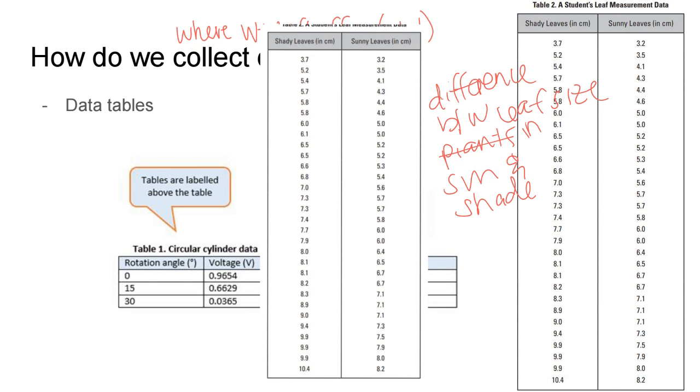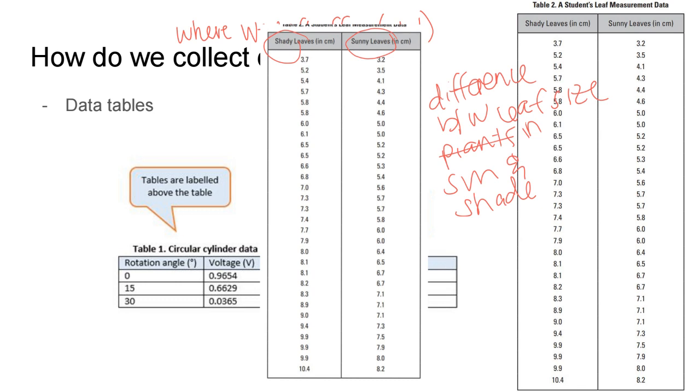So she took a sample from the shady leaves and a sample from the sunny leaves. Remember, she's not measuring every single leaf there is. She just picked a random sample and measured them in centimeters.